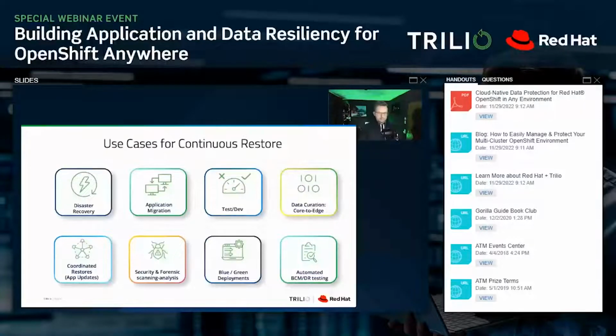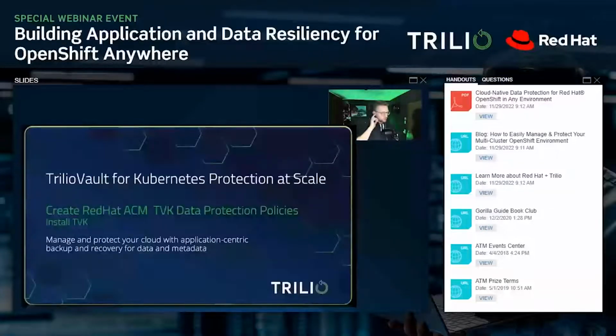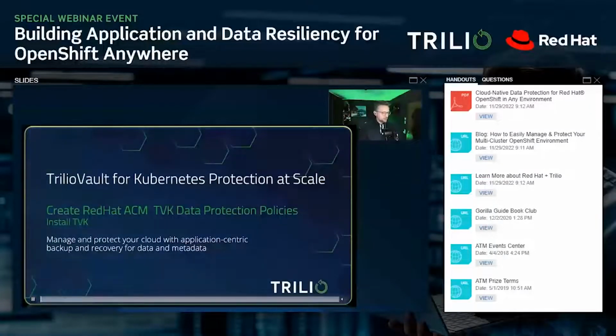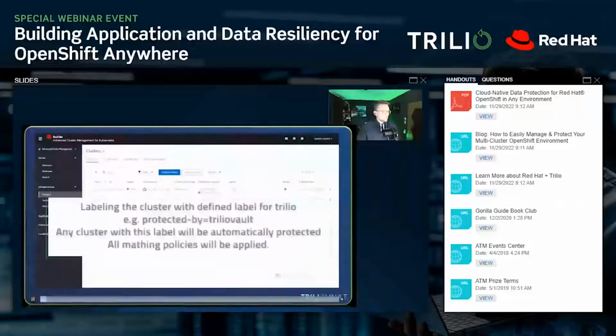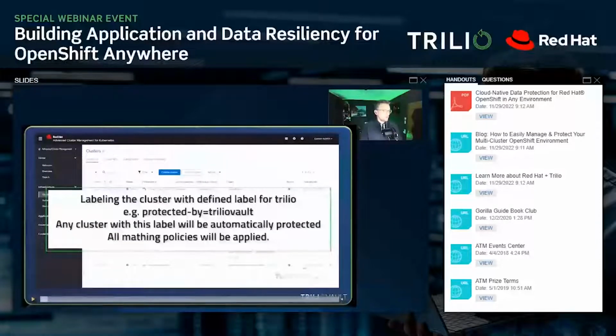And we will see this live in action now. So what do we do in this little video? I show an ACM scenario, as I mentioned before. So let's dive in. We are labeling an OpenShift cluster with a certain label. In this case, this label is called Protected by Trilio Vault.